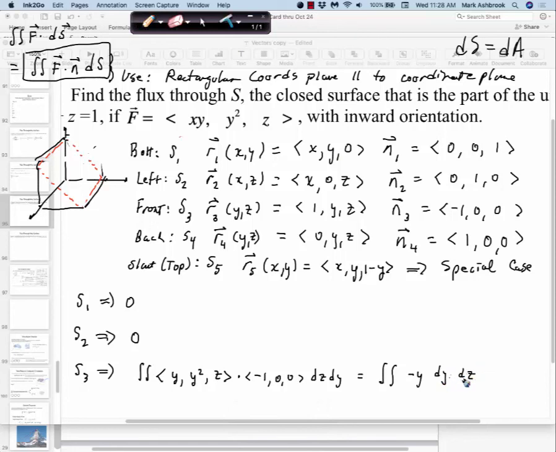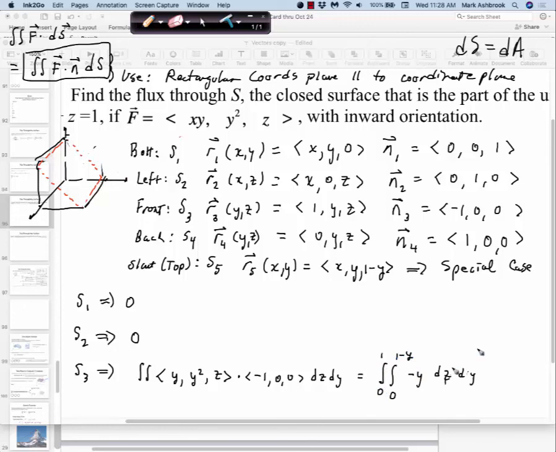No, dz dy is type 1. That's what we want. Type 1, dz dy. Z goes from 0 to 1 minus y, and y goes from 0 to 1.